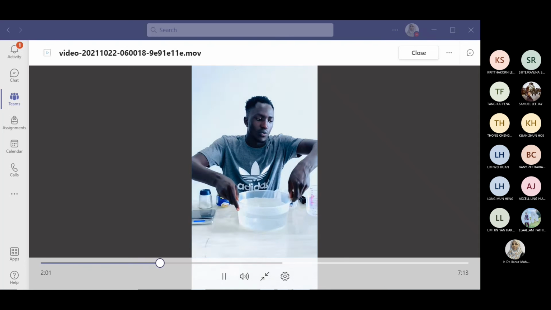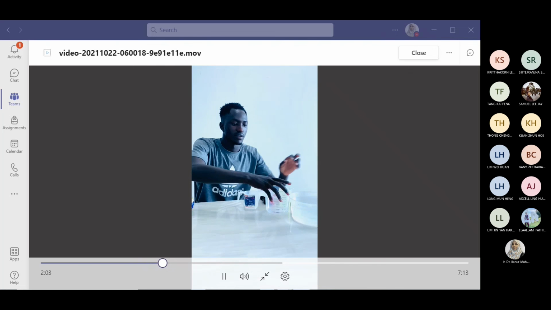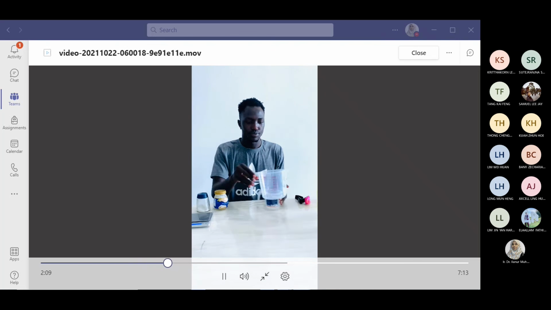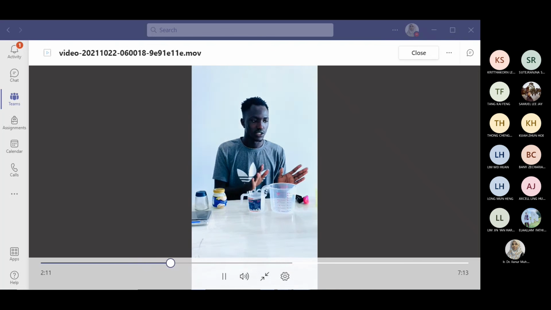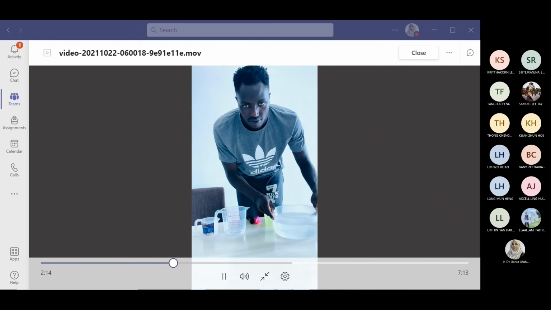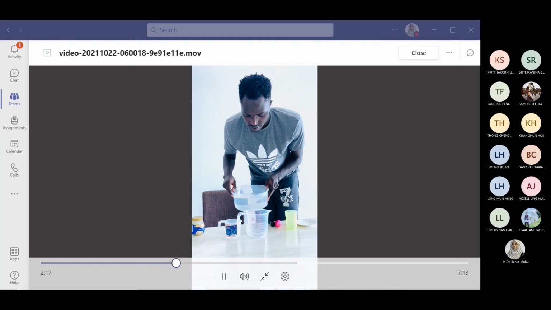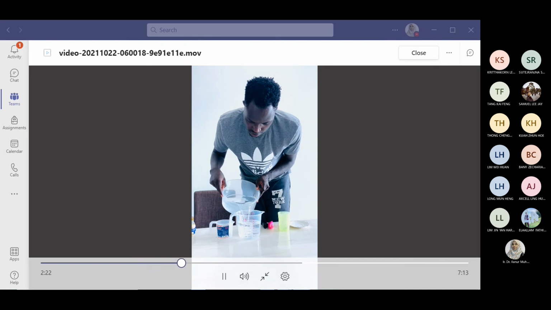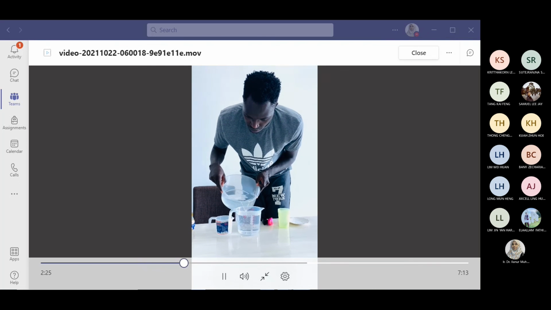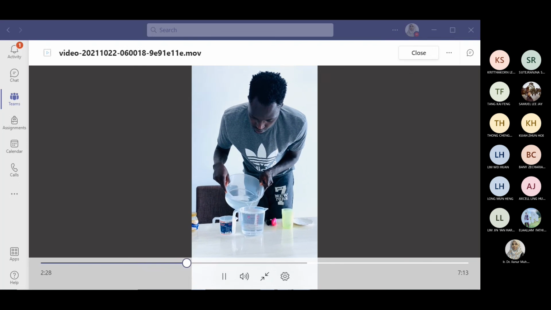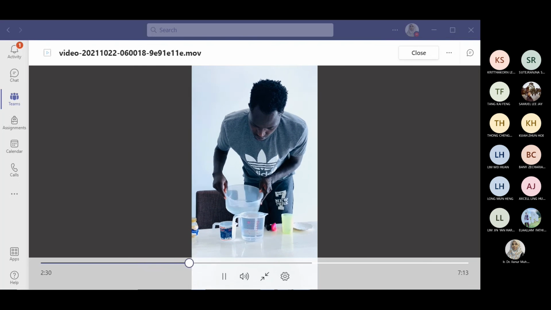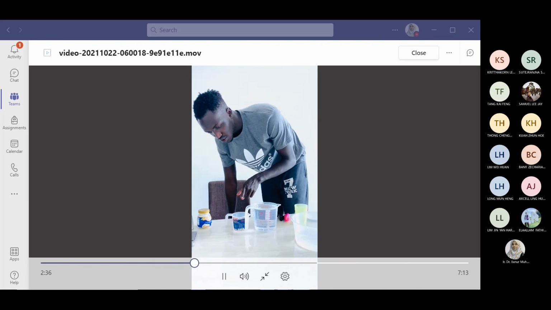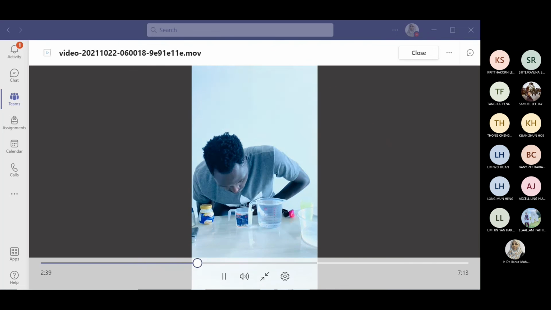So right now we are going to start with the first phase, whereby I'm going to fill this with water until it is full. So we shall wait until this water stops dripping.